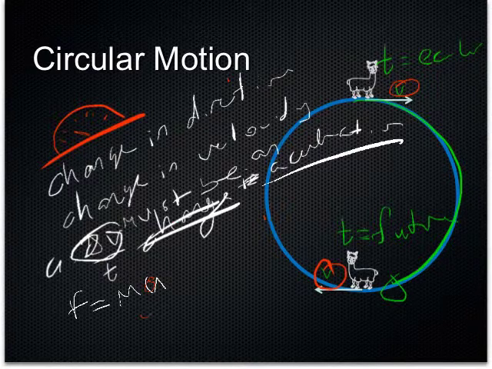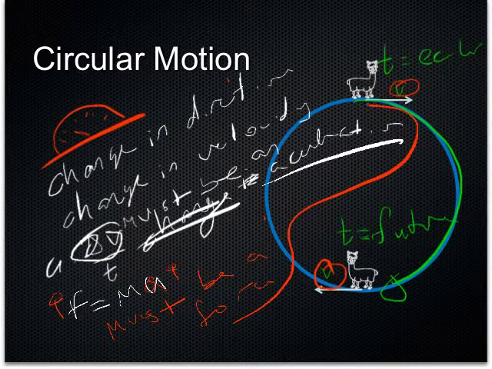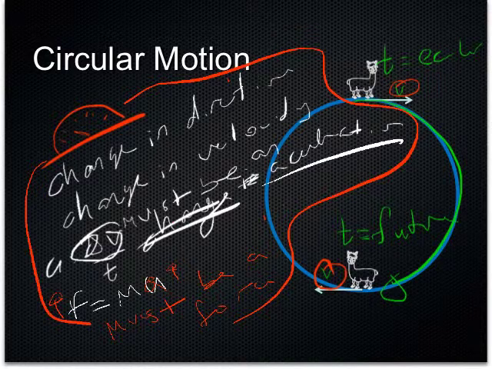If that a is above 0, we must have a force above 0. So there must be a force to change direction. You need to write all that down because that's pretty important. Because we have a change in direction, there must be a change in velocity, which means there must be an acceleration. Because there's acceleration, there must be a force.